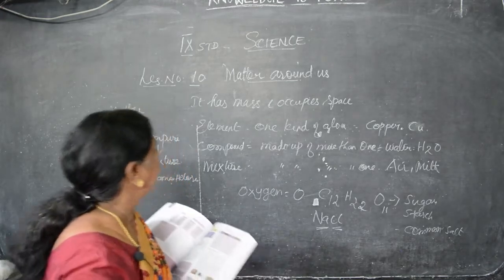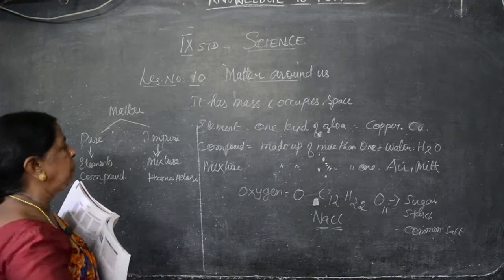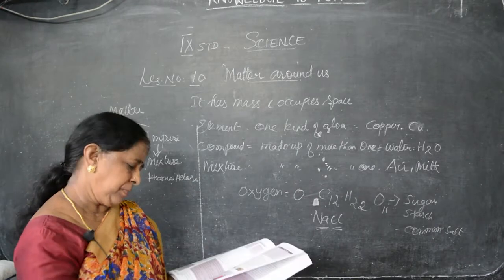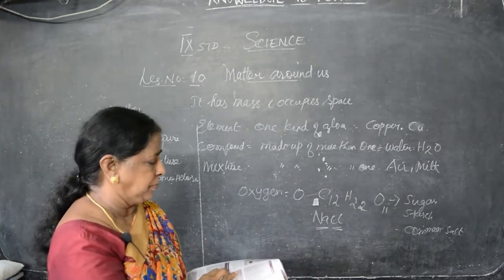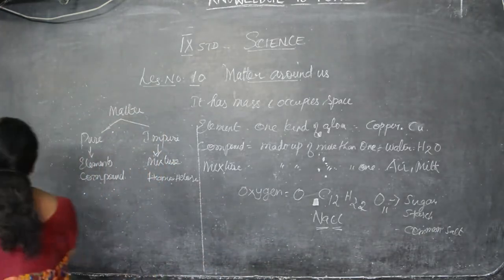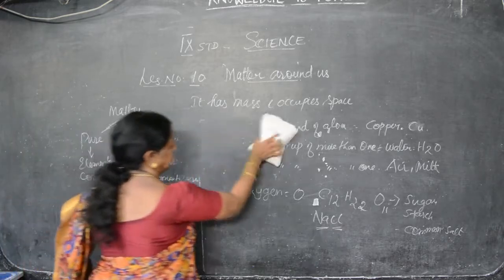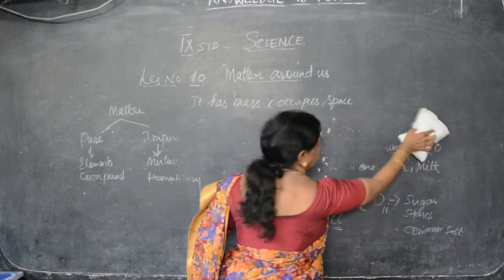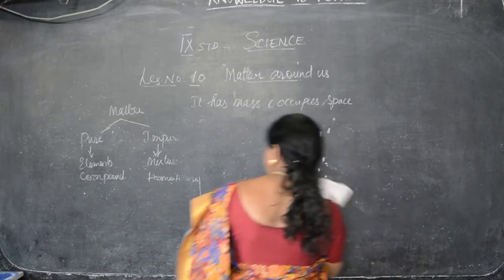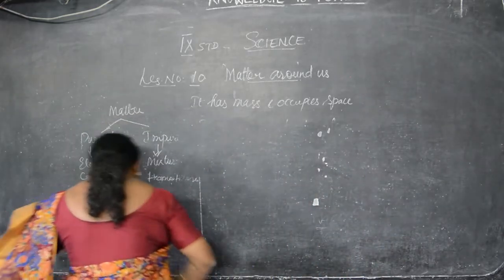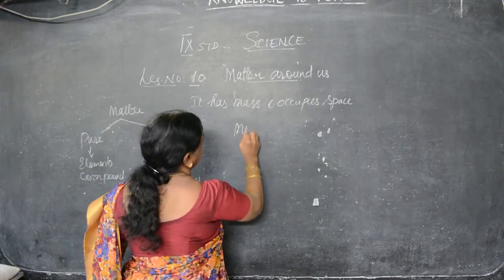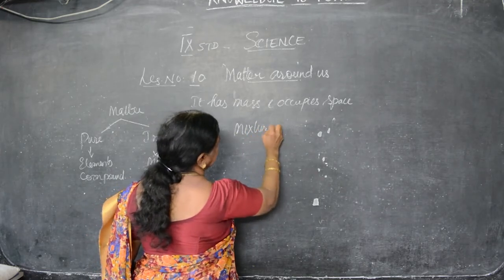Before that we have seen what the differences are between element and compound. Now we have to see what the differences are between compound and mixture. So first we will see mixture. It contains two or more substances. What are the differences between mixture and compound?